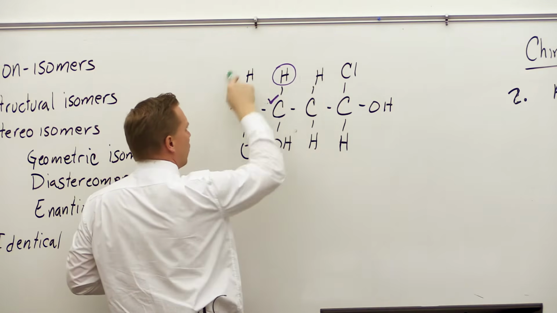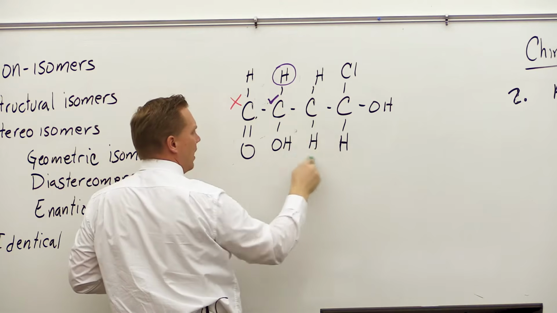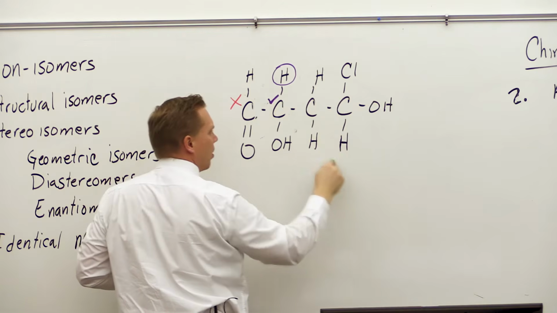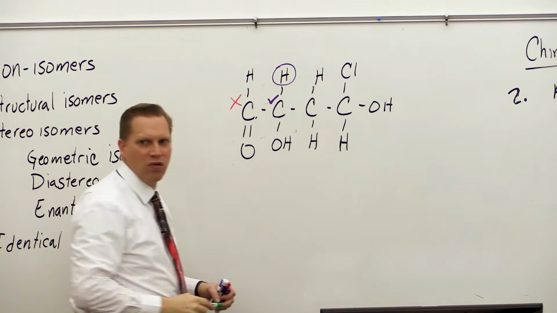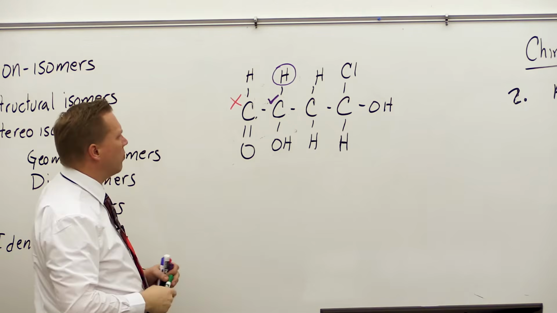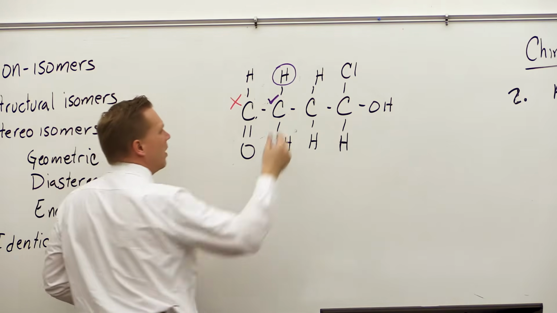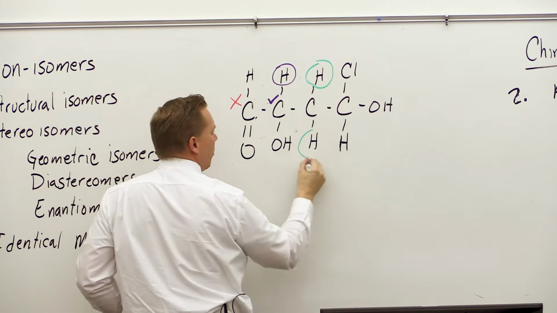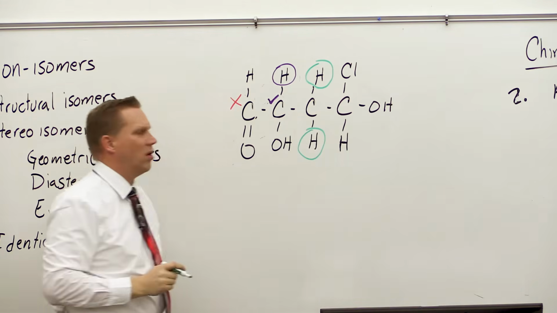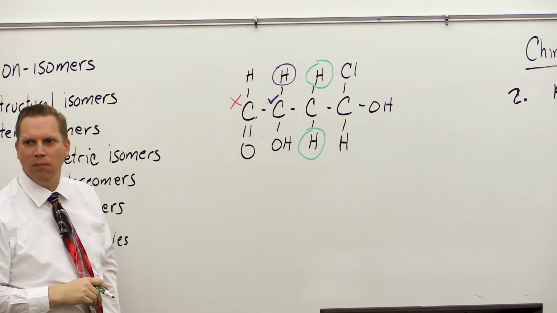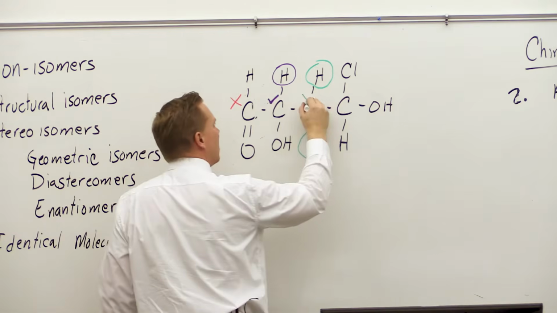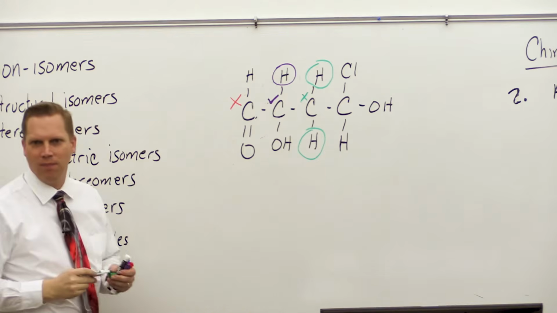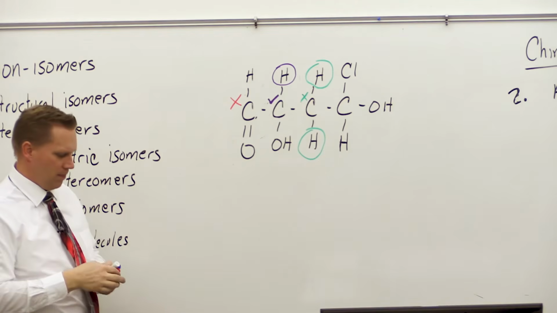This is another group, that whole thing. Here is a 3rd group. And that's a 4th group. And then I'll look at those and say, do any of those look the same? Now, right here, these two groups are different, but those 2 groups are both hydrogen. Those are the same. Therefore, this is not an asymmetric carbon.